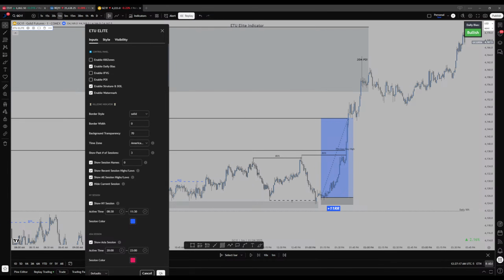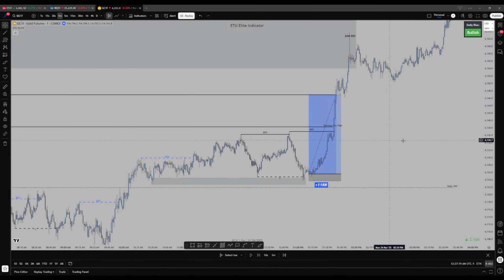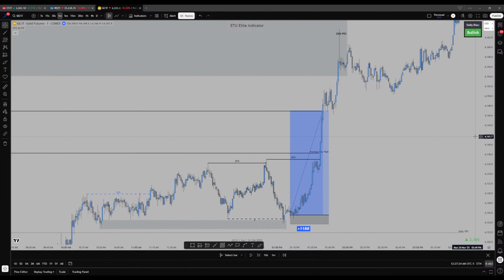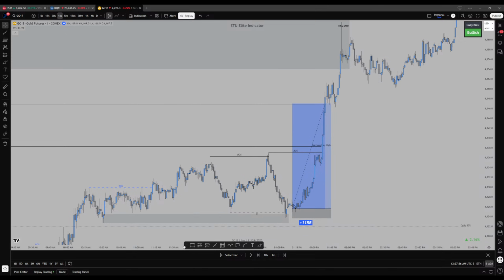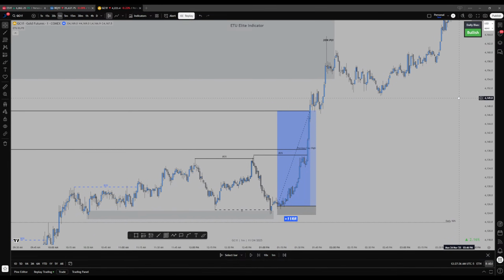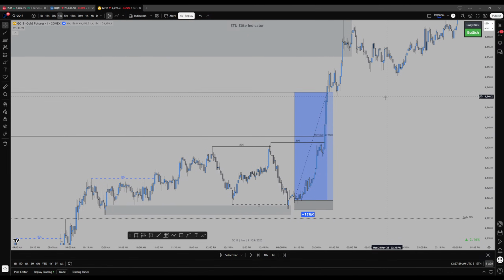Watermark, we can leave that, it doesn't matter. To make it as clean as possible on your screenshots, I'd try to eliminate as much indicator mess as possible. Indicators are helpful when you live trade, but there's no huge point in them when you're taking a screenshot of your trade, unless daily bias would be useful, because we're going to be keeping track of that.